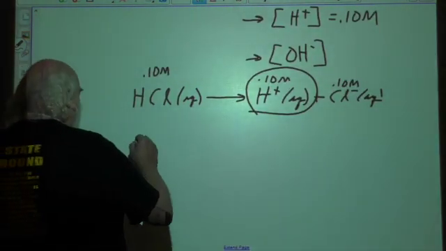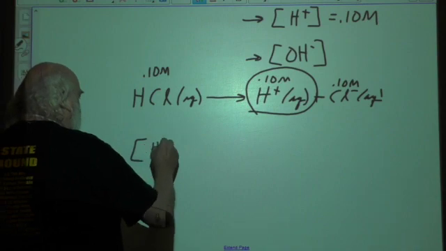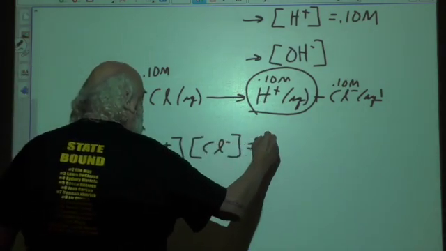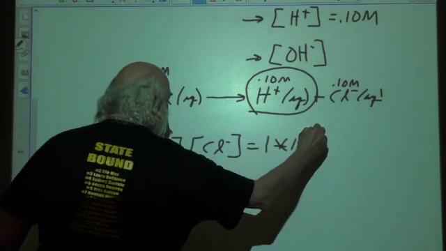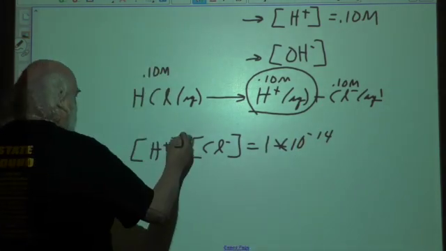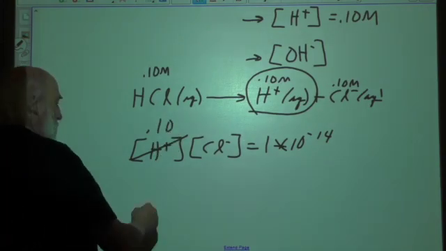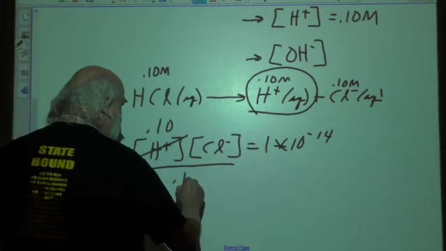How much? Well, we go back. Concentration of hydrogen times the concentration of hydroxide equals 1 times 10 to the negative 14. So I replace this as 0.10. Divide both sides by 0.10.